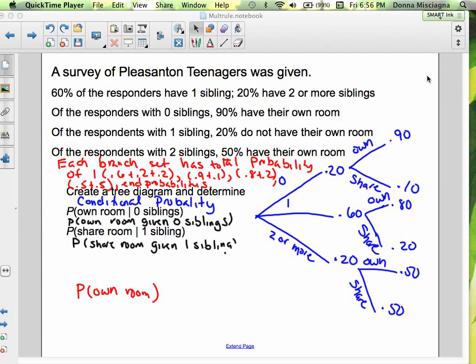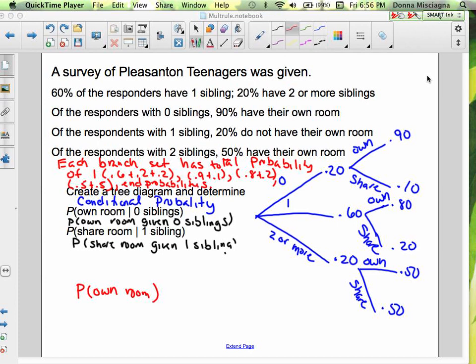And now let's see what happens when we multiply to get our probability of both events. We have to multiply across the branch, because we're looking at the probability of two things occurring, and we multiply to get those probabilities.